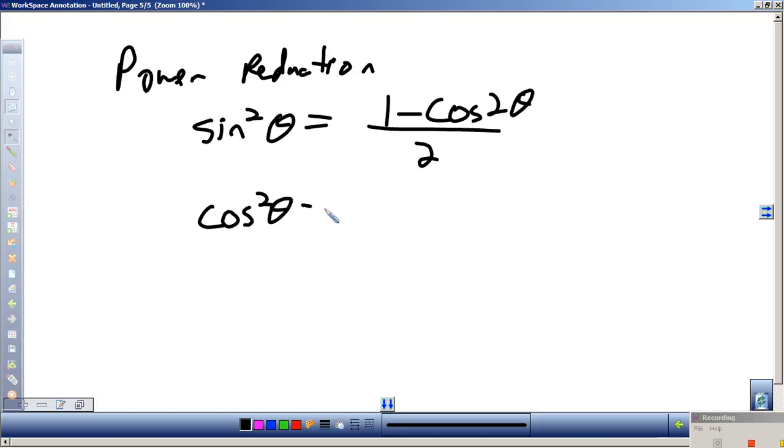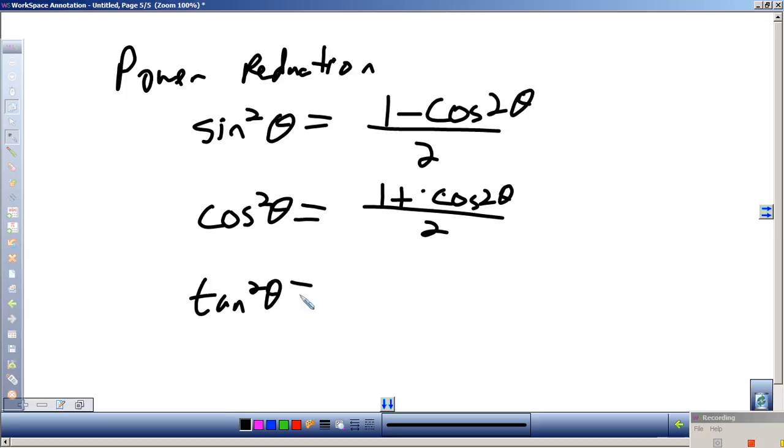Cosine squared theta is equal to 1 plus cosine of 2 theta over 2. And tangent squared theta is 1 minus cosine 2 theta over 1 plus cosine 2 theta.